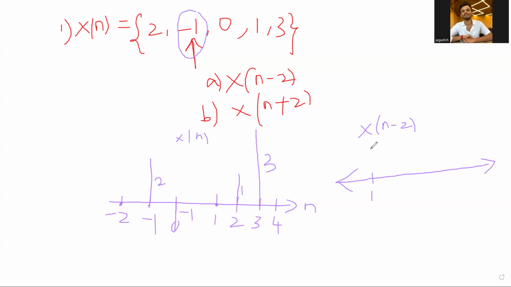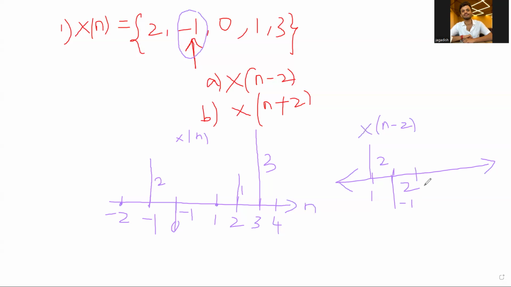At 1 you will be having 2. Remaining all points you write down 0. At 2 you will be having -1.